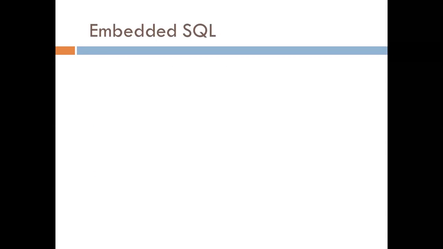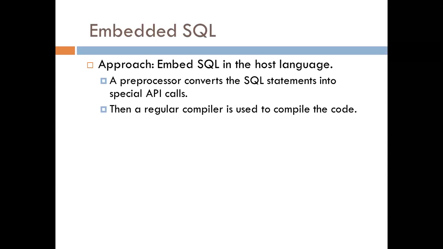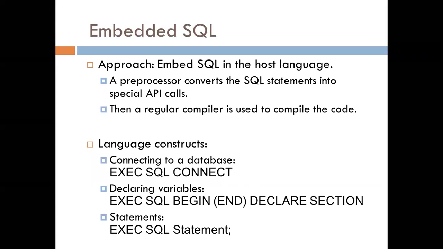So, embedded SQL. In this particular approach, we embed the SQL in the host language itself. A preprocessor will convert the SQL statement into a special API call. Then a regular compiler is used to compile the rest of the code.